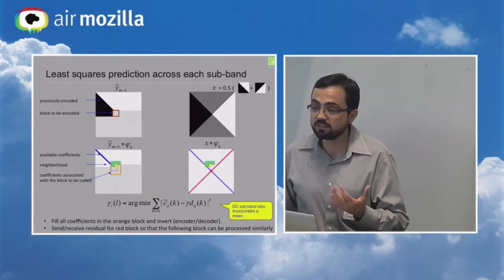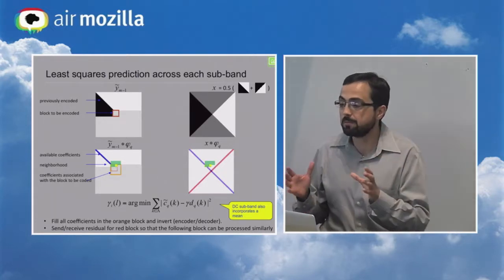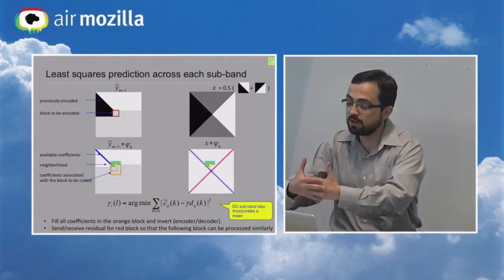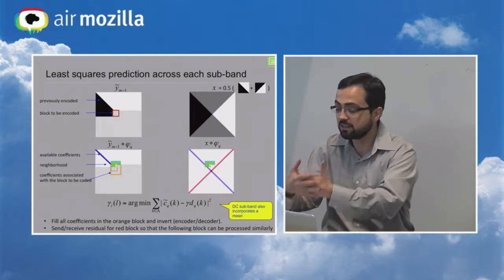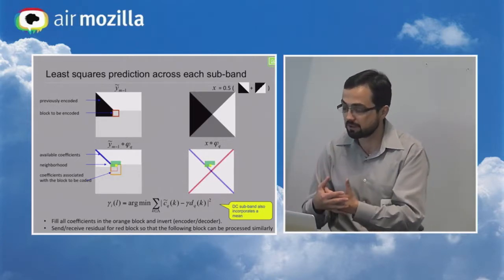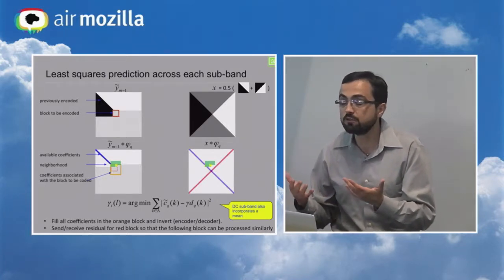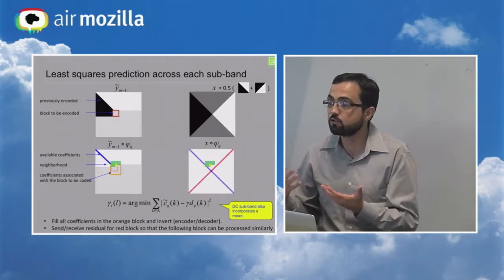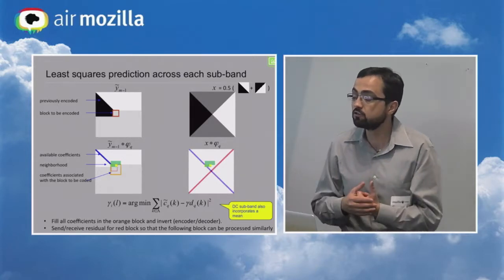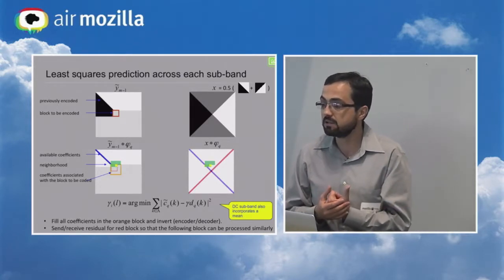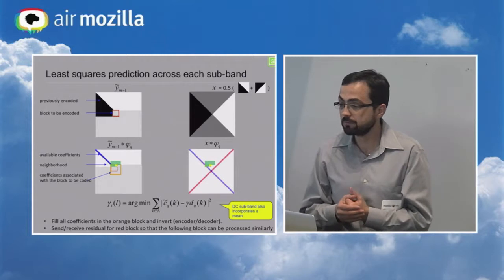So we predict the entire overcomplete subband. We take the previous frame's overcomplete subband and we use that to predict this frame's overcomplete subband. So we always generate p squared times as many predictions as a critically decimated prediction would.